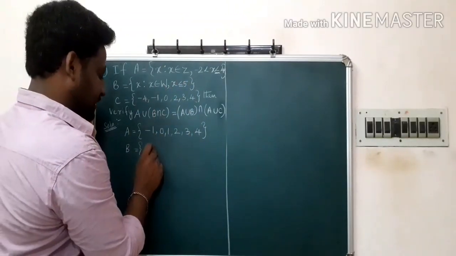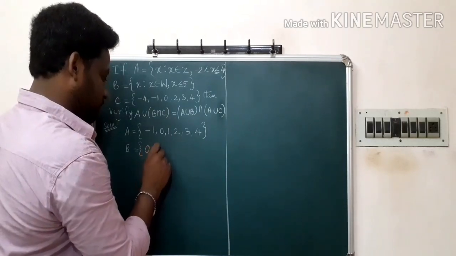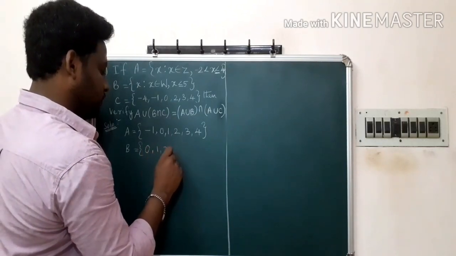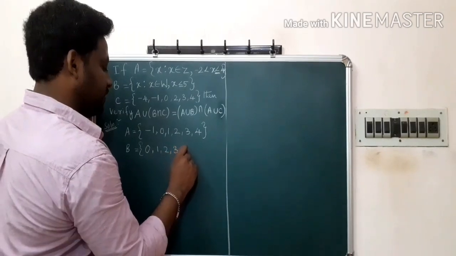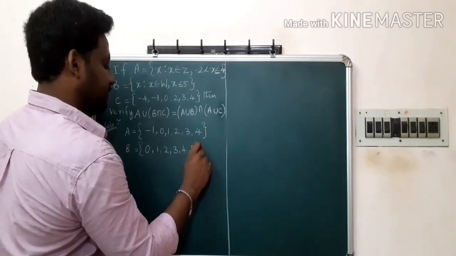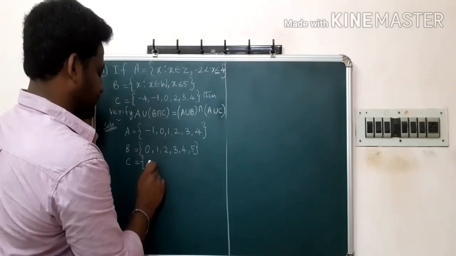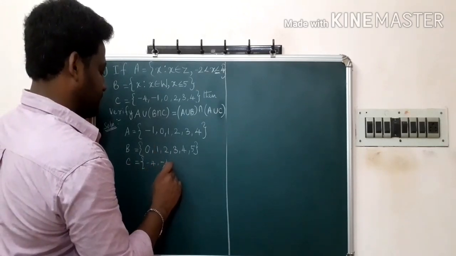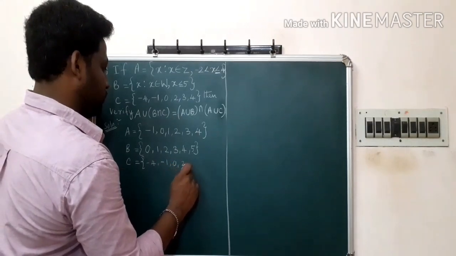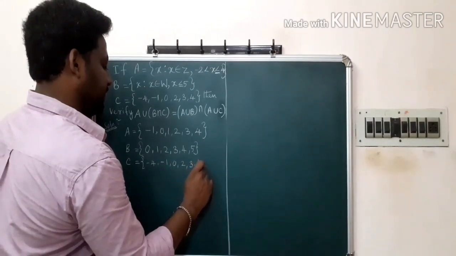So the whole numbers starting from 0 are 0, 1, 2, 3, 4 and 5. And then set C is already given, that is -4, -1, 0, 2, 3 and 4.